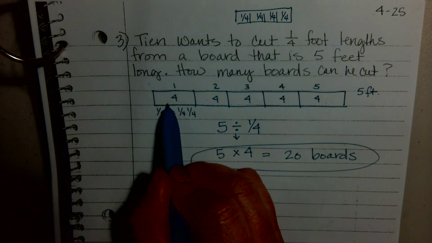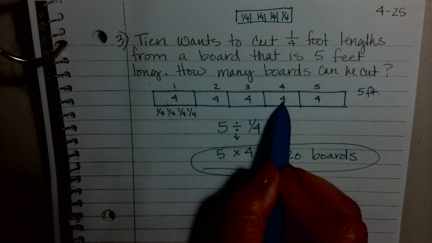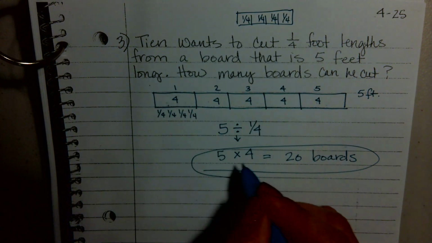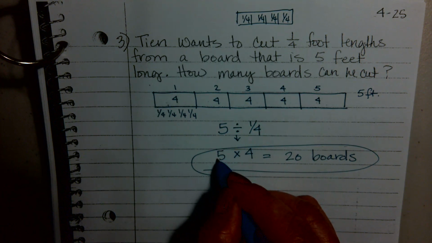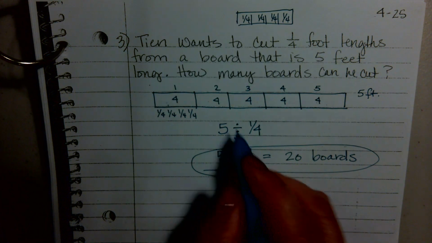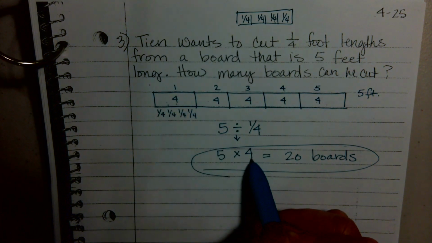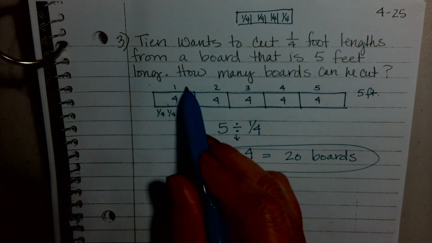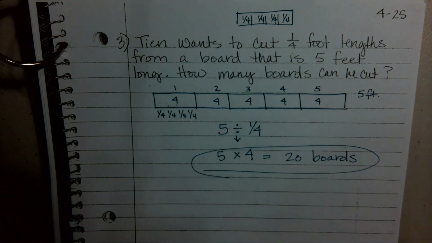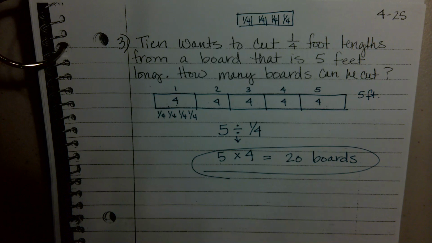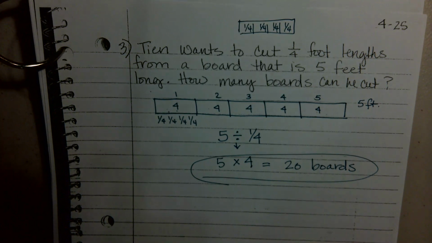Now, 4 times 5. There are 4 fourths, and I'm going to do it 5 times, right? There are 4 fourths in 1, so I need to multiply it by 5 to figure out how many are in 5, and that's 20 boards.